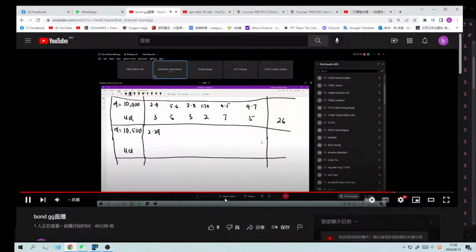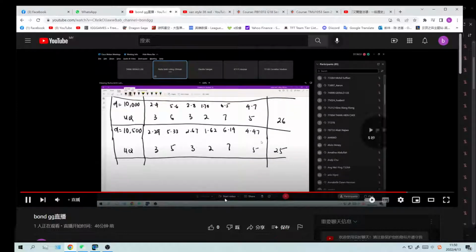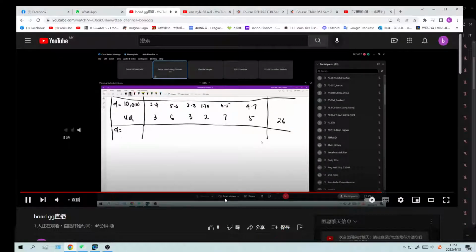Okay, so you have the state, of course. You have the alpha, you have beta, you have gamma, and then you have delta, and then epsilon, and then zeta, and then the total. Okay, so you have this thing.